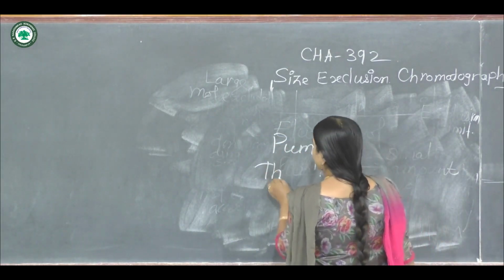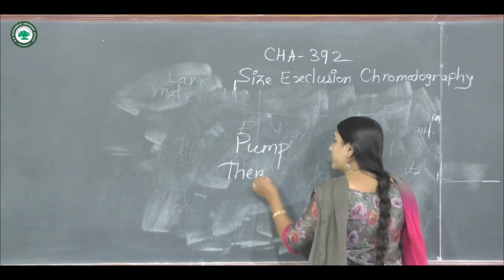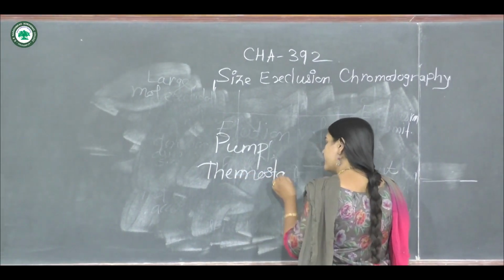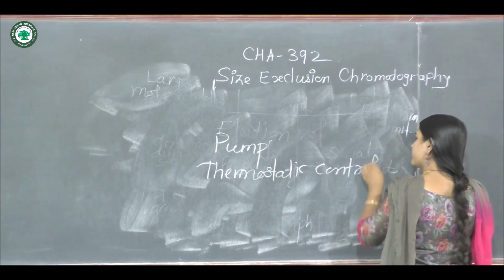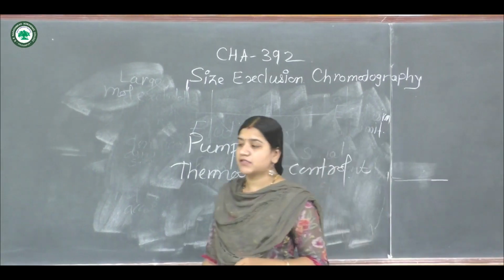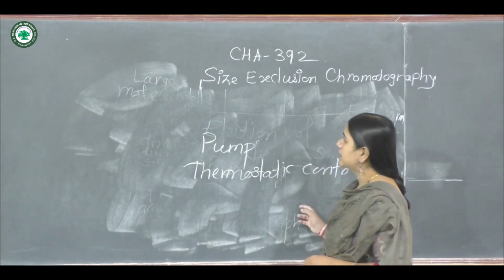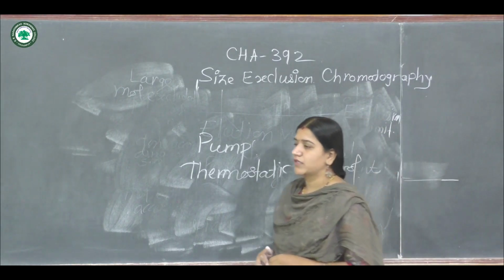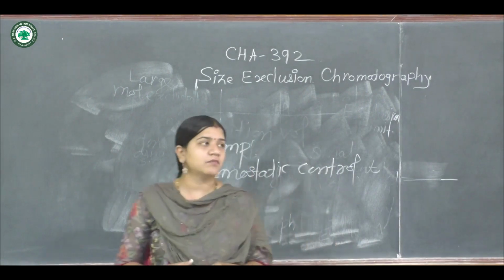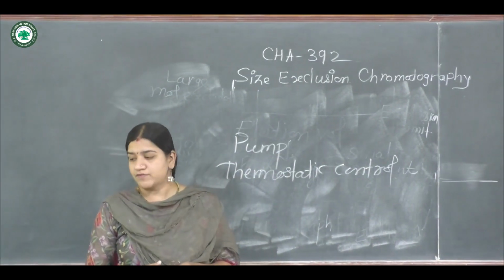Along with that, the next thing is the thermostatic control. So the pump and the thermostatic control of a system should be considered for size exclusion chromatography. Now this is one part by which you can determine the molecular mass of a substance.